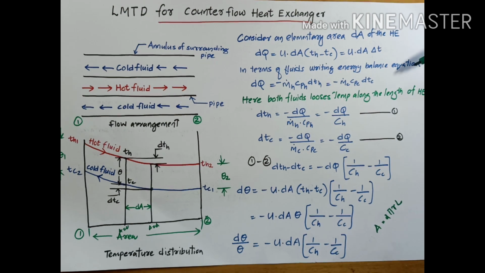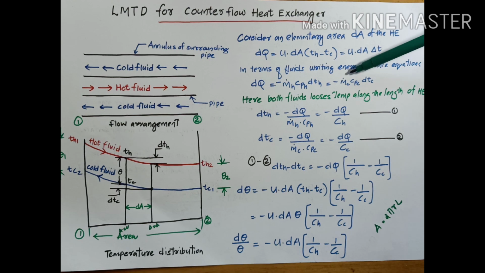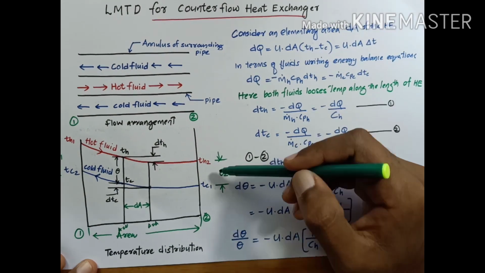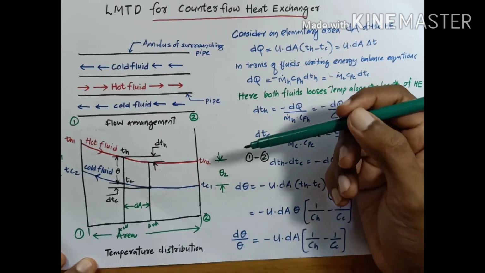But unlike the parallel flow heat exchanger, in the counterflow heat exchanger, the cold fluid energy change is also negative. The cold fluid is also losing heat energy. While analyzing for the entire area, that is from 1 to 2, the Y-axis is denoting the temperature.